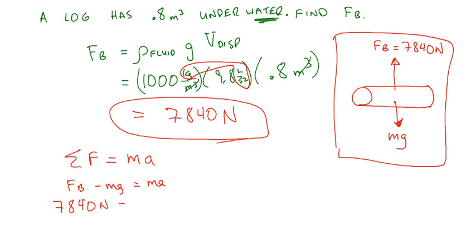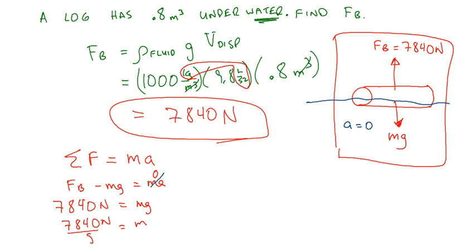A lot of times if the log is just floating, if it's static, then the acceleration would be equal to 0, so this would cross off right there, and I could add mg to both sides, and I know what g is, so then I could find the mass of the log.